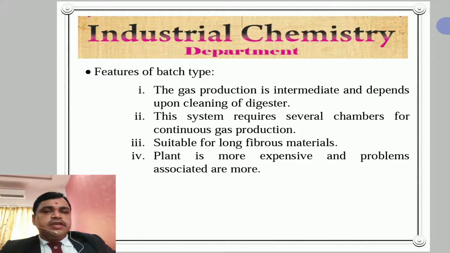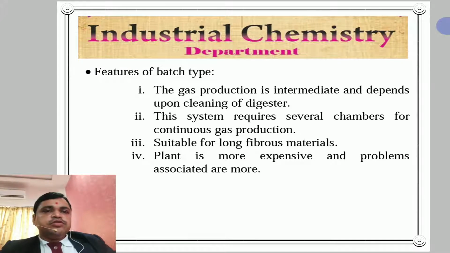We use this gas and then clean the digester. The second batch is charged after cleaning of the digester. Number 2, this system requires several chambers for continuous gas production. In the second or third figure, if we arrange for continuous gas production, then several chambers are required.